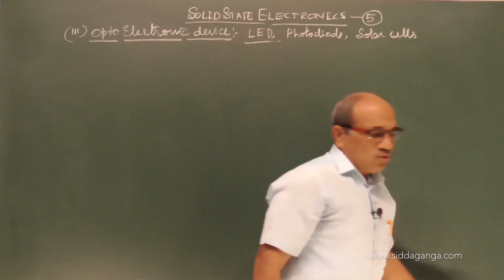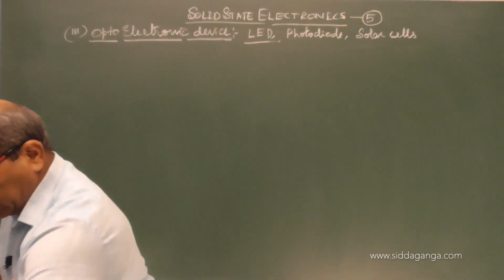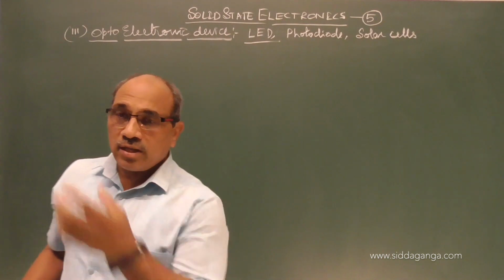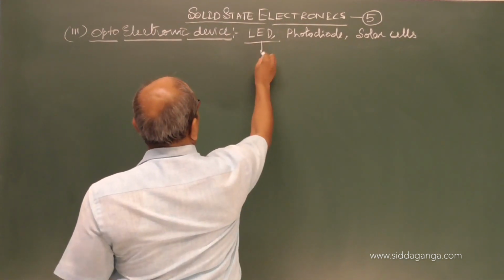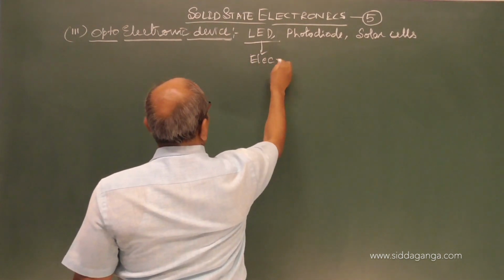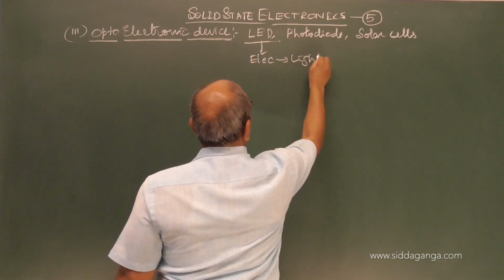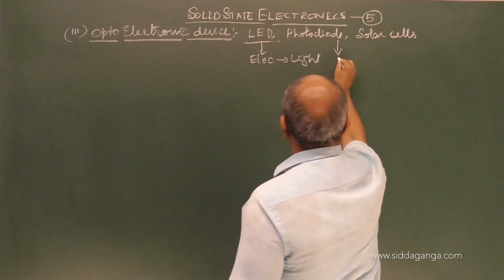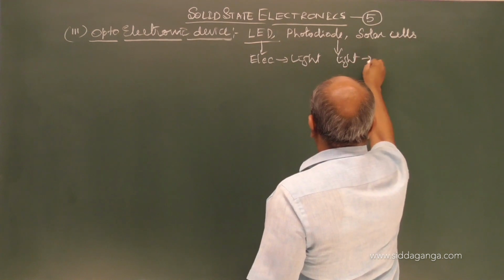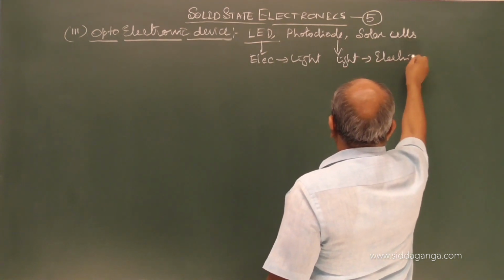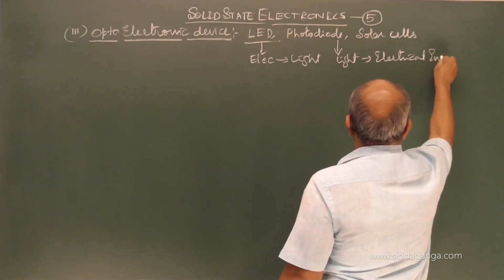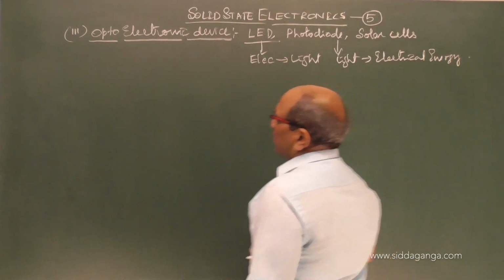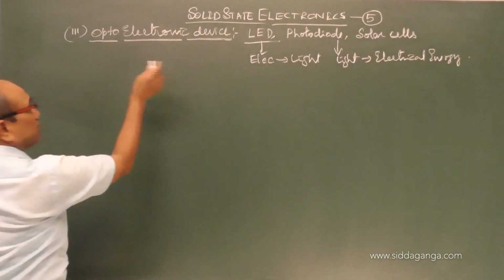So now you come to know one application where electric energy is converted into light energy. Here electric energy is converted into light energy. It is entirely reversed in the photodiode: light energy is converted into electrical energy. It is under reverse bias.